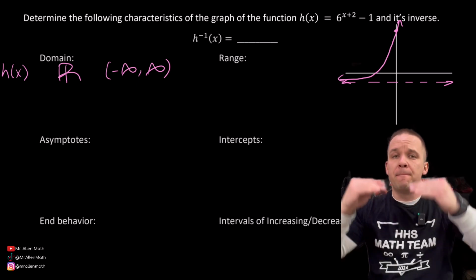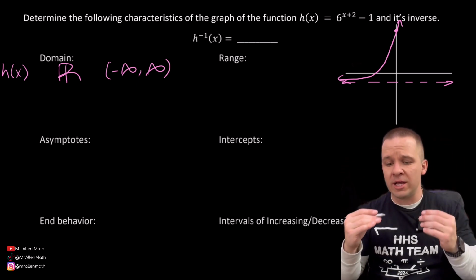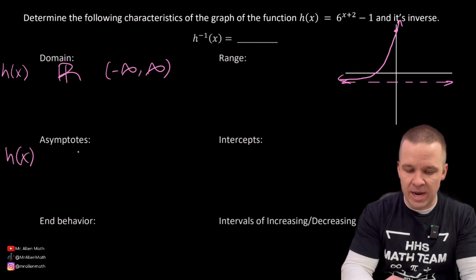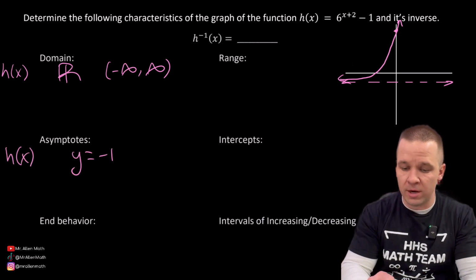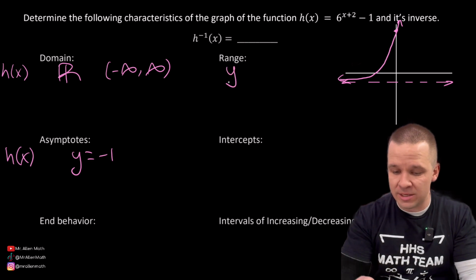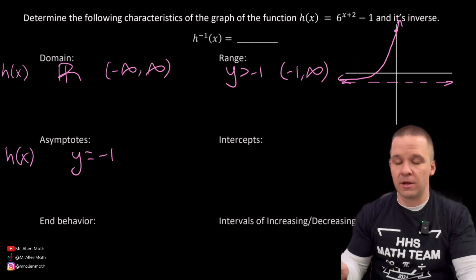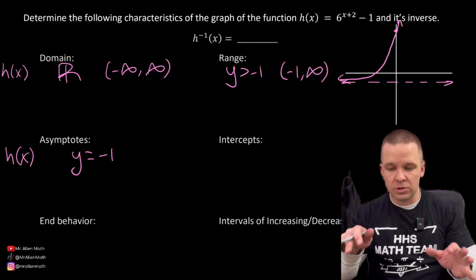My function is always above that y equals -1, which is my asymptote. My range is y is greater than -1, or you could write it as -1 to positive infinity. Either one of those, totally acceptable.